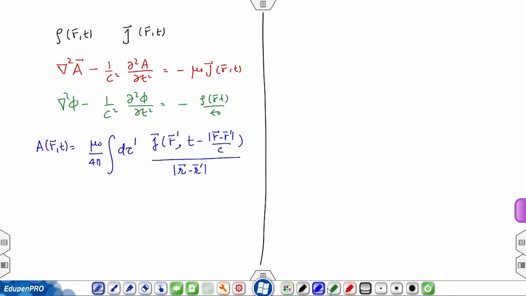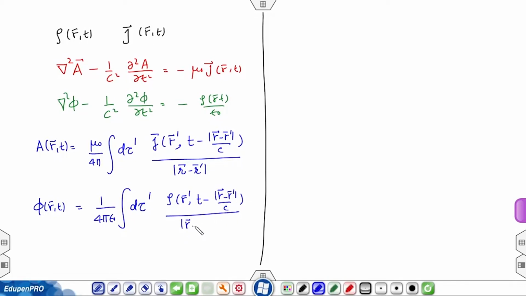And phi(r, t) is going to be 1 over 4 pi epsilon 0 integration of d tau prime rho(r prime, t minus |r minus r prime| over c) over |r minus r prime|.